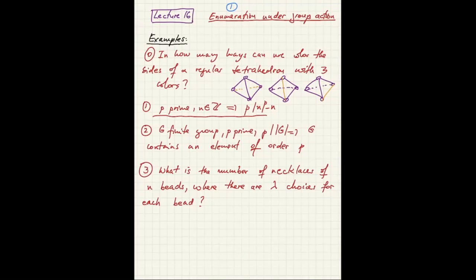So if you want to go from here to here, for example, you can take the segment that joins the midpoint of this edge and the midpoint of the golden edge, and rotate with respect to that segment 180 degrees, and you can get that one.